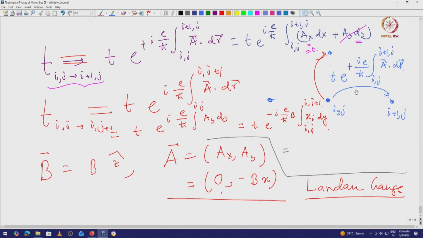So, as the electron hops from here to there, it acquires this phase, but whether it is hopping from here to here or here to here, there is an overall x i that will matter, right.